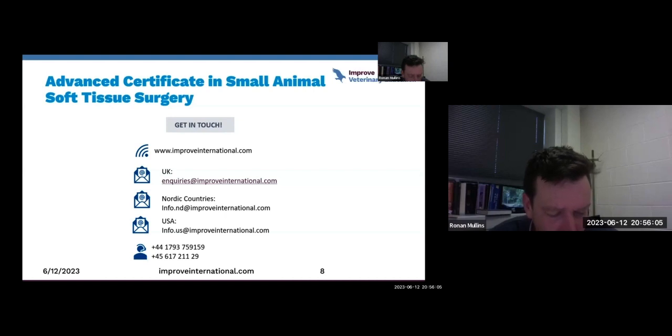I guess one thing, just even before we talk about axial pattern flaps, it might even be possible to use subdermal plexus flaps just in terms of advancement flaps from dorsal. So coming from cranial and coming from caudal, that might be one option. It might be possible to use, again, the flank folds with incorporation of the ventral branch of deep circumflex iliac and rotating up into a dorsal position.